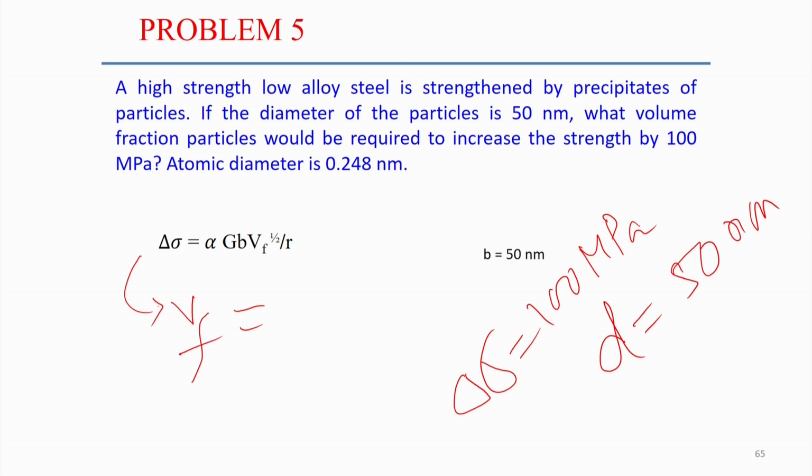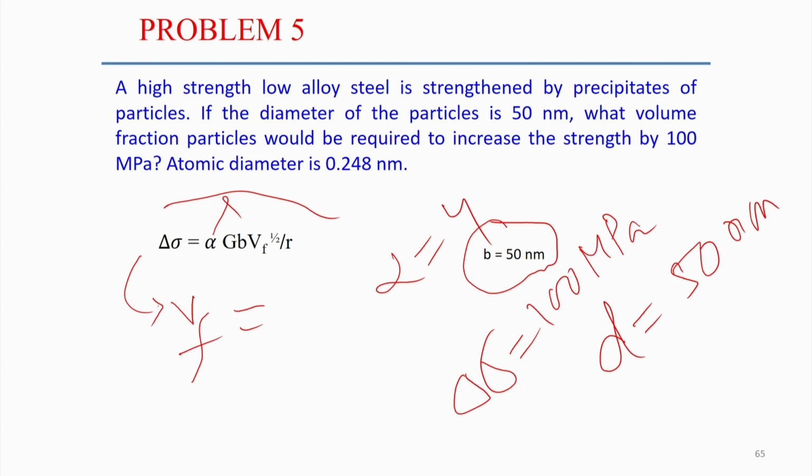In this equation, the particle size is given, or the radius of the particle, and the shear modulus is given. Alpha is generally known, and in this case we can use alpha equal to 4. For b, the Burgers vector, we can consider the atomic diameter.